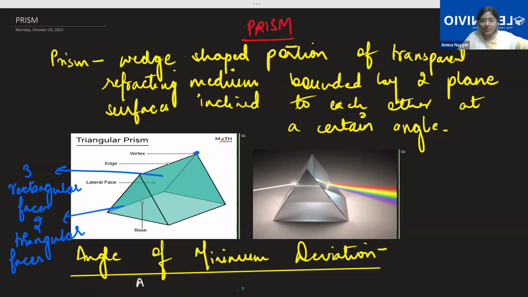The tips are known as the vertex of the prism, where the triangle and the rectangle meet. The length or the side of the rectangle is known as the edge of the prism. And the rectangular surface is known as the lateral face.